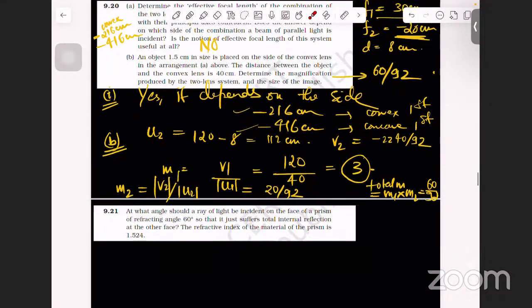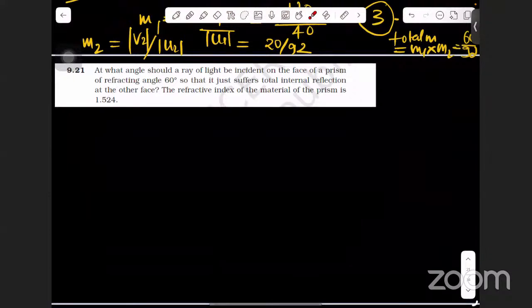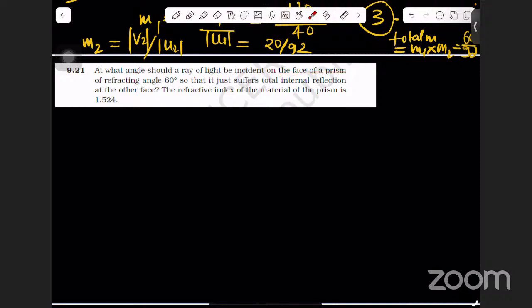Okay, great. Next question. At what angle should a ray of light be incident on the face of a prism of refracting angle 60 degrees, so that it just suffers TIR on the other face?